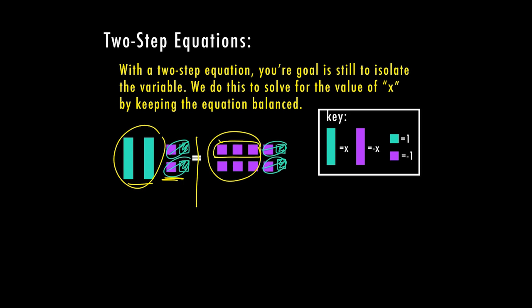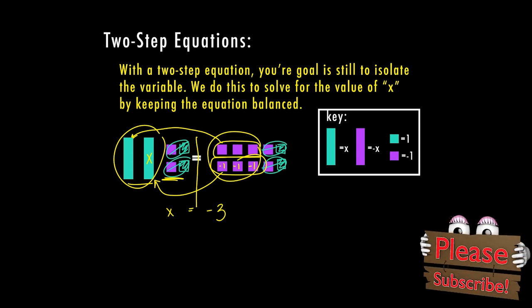So these 3 negatives can go with this x, and then these 3 negatives can go with this x. So that means that each x here is equal to -3. So these 3 1s go with this x.